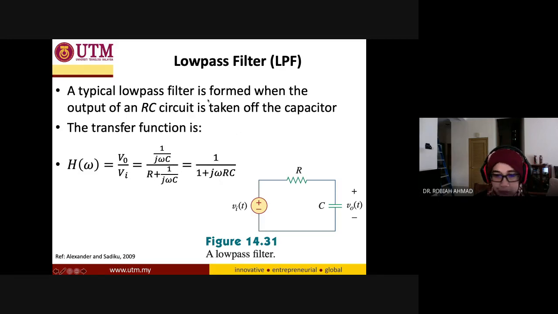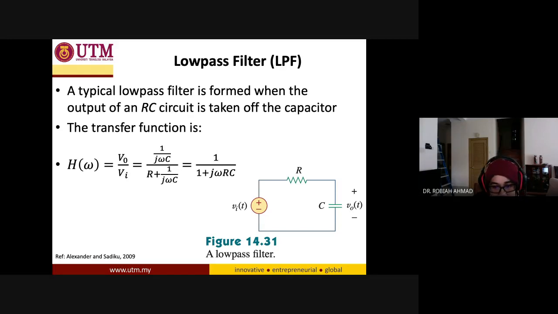If you put in s equals j omega, we have 1 over s RC, the coefficient, plus 1. Meaning that our system is a first order system. So this RC circuit gives the low pass filter.